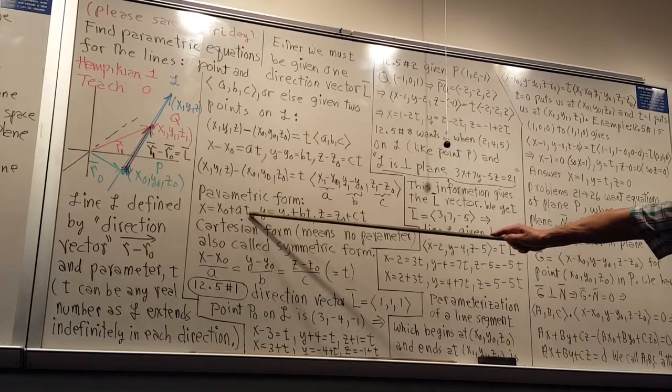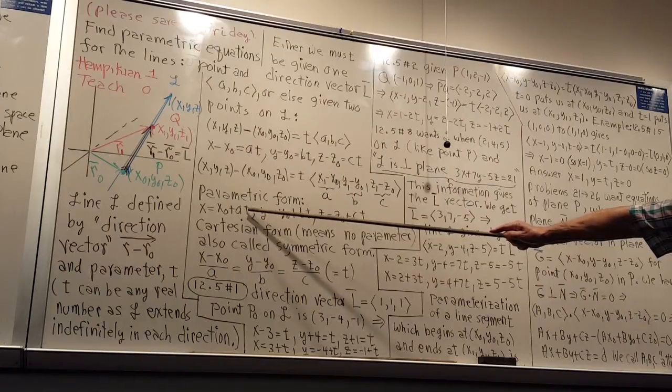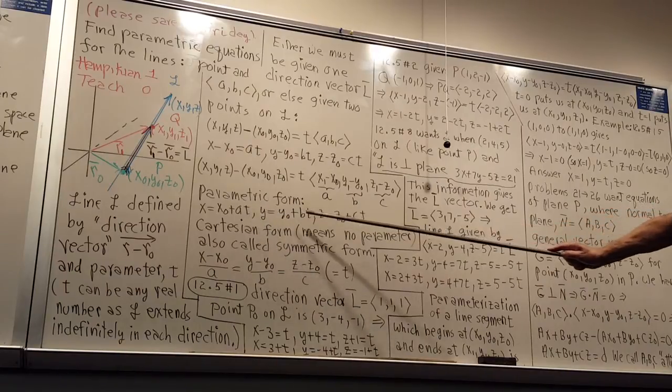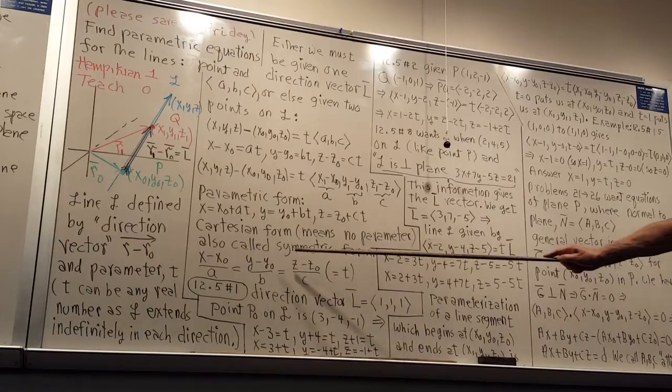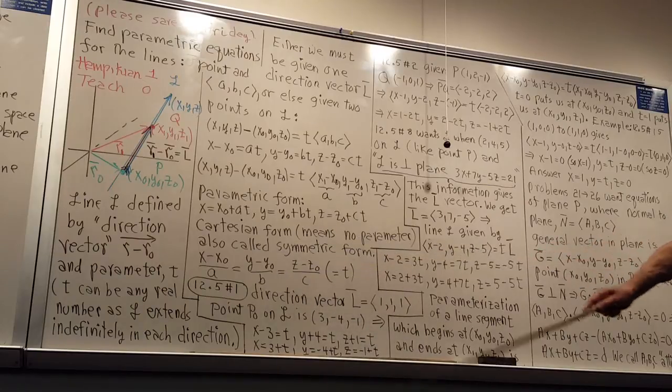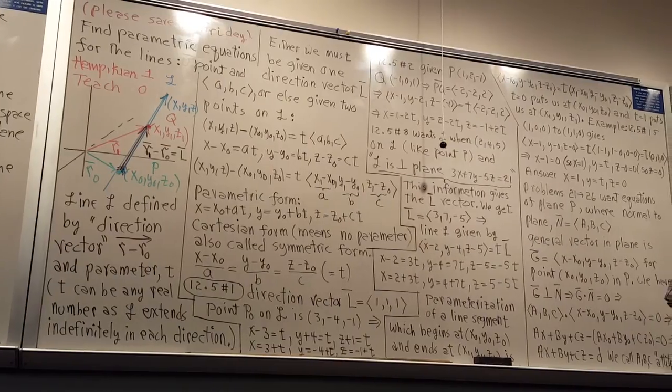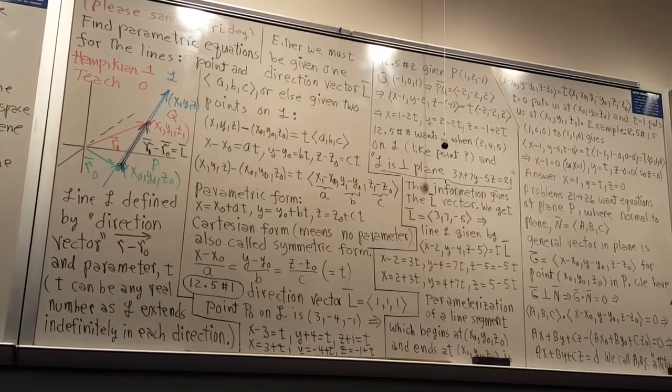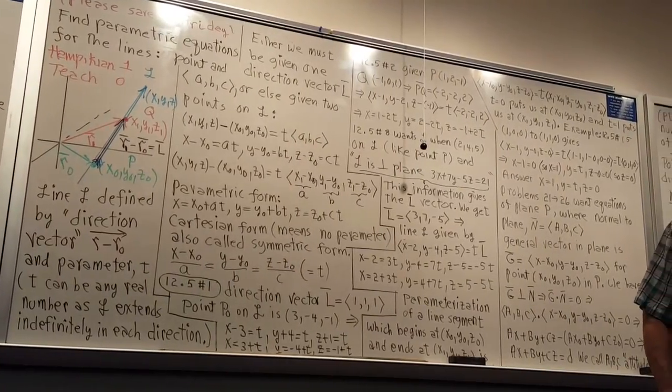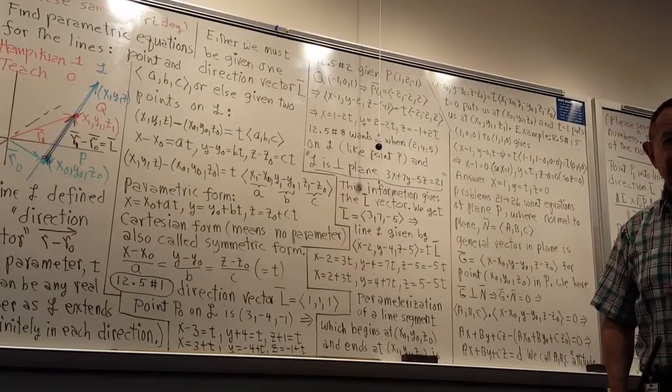Then if you wanted to rewrite this without the parameter, you can do the algebra that I have here. When you say Cartesian in this class anyway, or a class like this, you mean the equation of your line or curve or surface, whatever it is, written without a parameter.